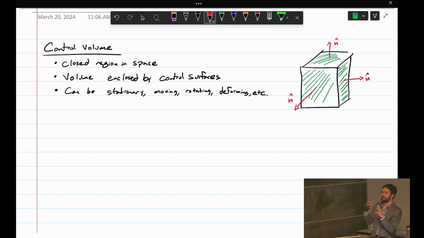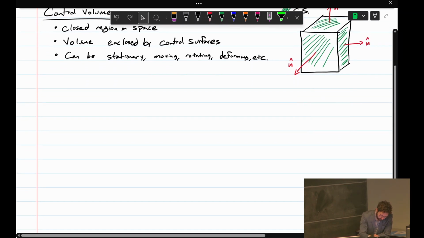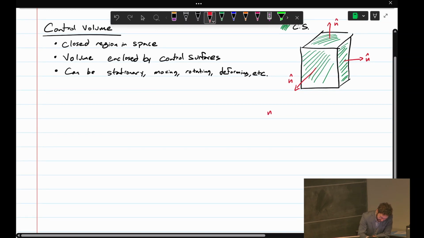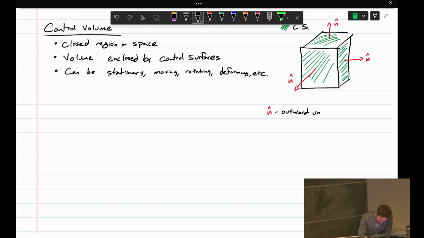No matter where you go on your control volume, that n hat will always point outwards from the surface. Again, the green here is the control surface. So n hat is the outward unit normal vector. n hat is not a coordinate system defining, it's just a vector that our surface is characterized by.